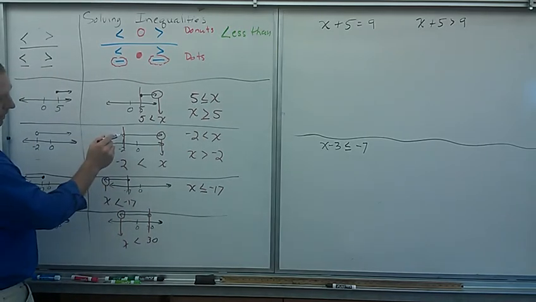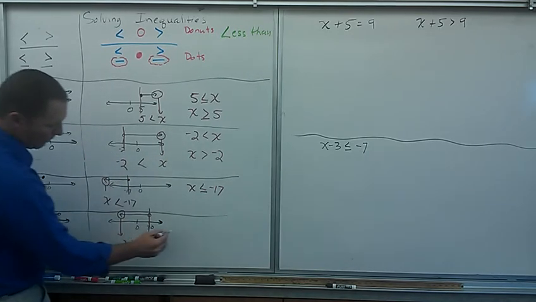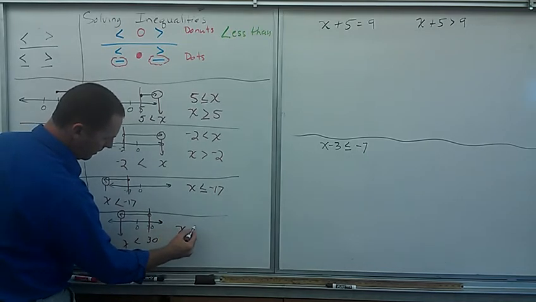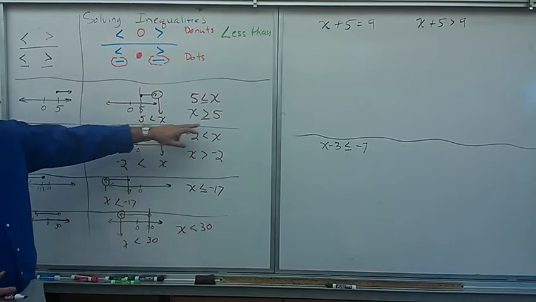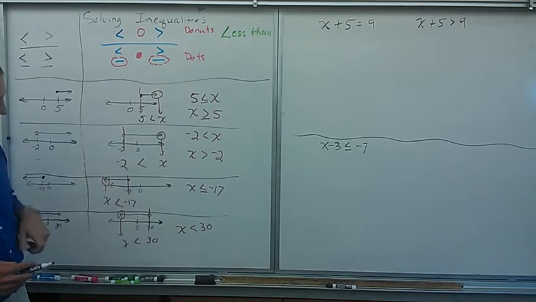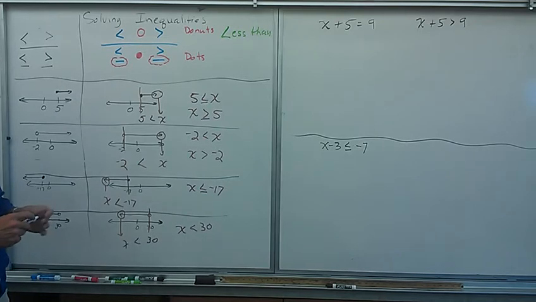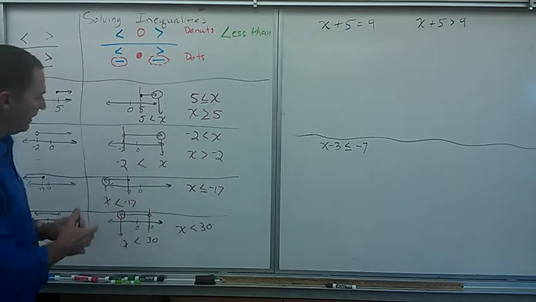That was not an equal to. That was a donut, so I don't have to worry about that one. Down here is also a donut, so I don't have to worry about it. So X is less than 30. Make sure you did catch that this one should be equal to, and this one should be equal to as well.